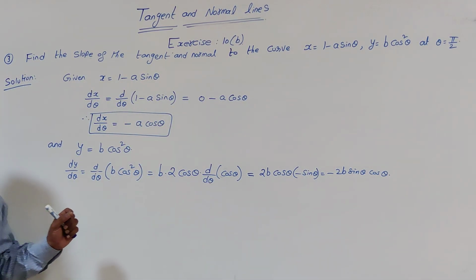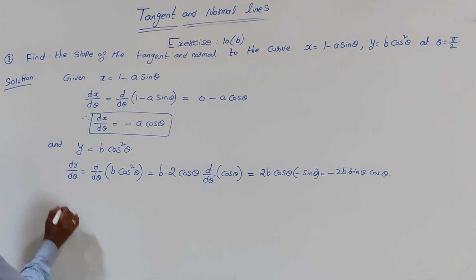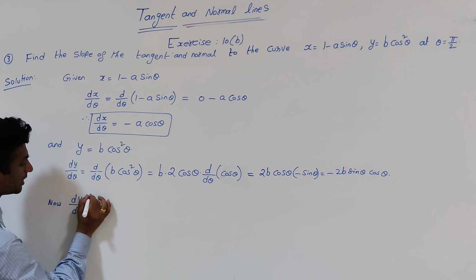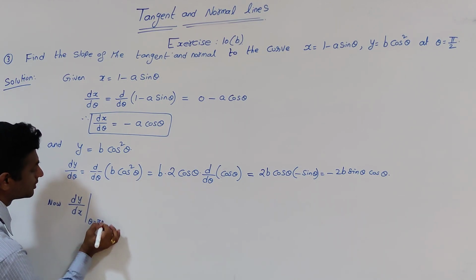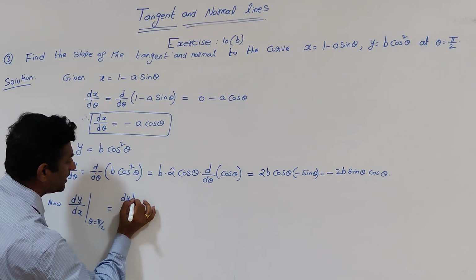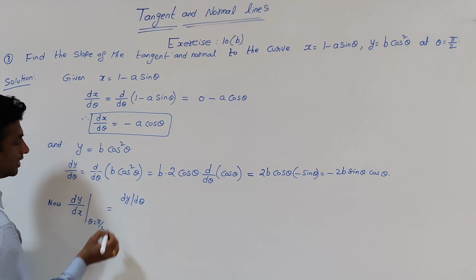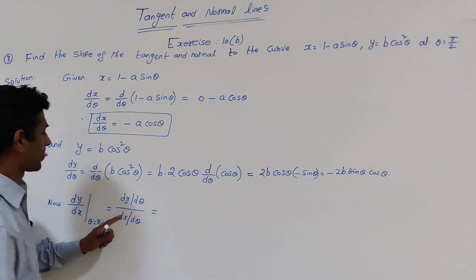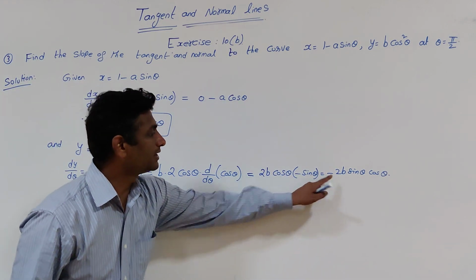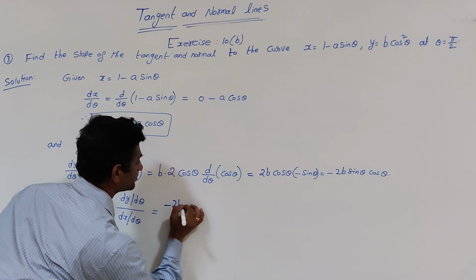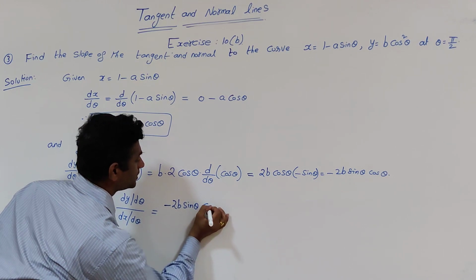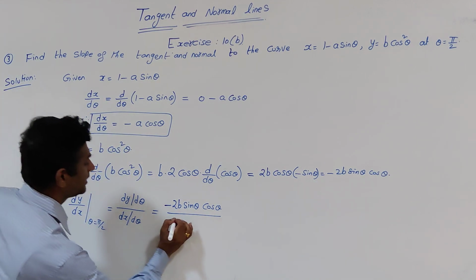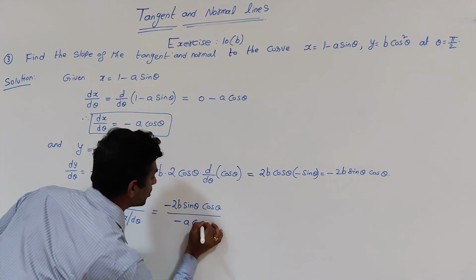But what we required is the derivative dy by dx. Now dy by dx at theta is equal to pi by 2 can be written as dy by d theta divided by dx by d theta, which is minus 2b sin theta cos theta by minus a cos theta.